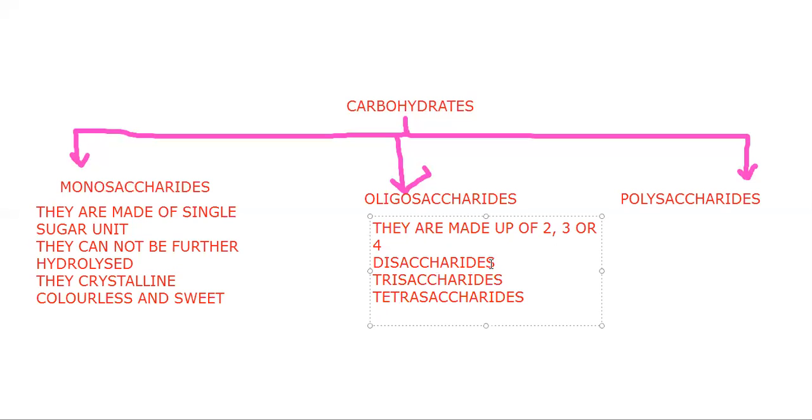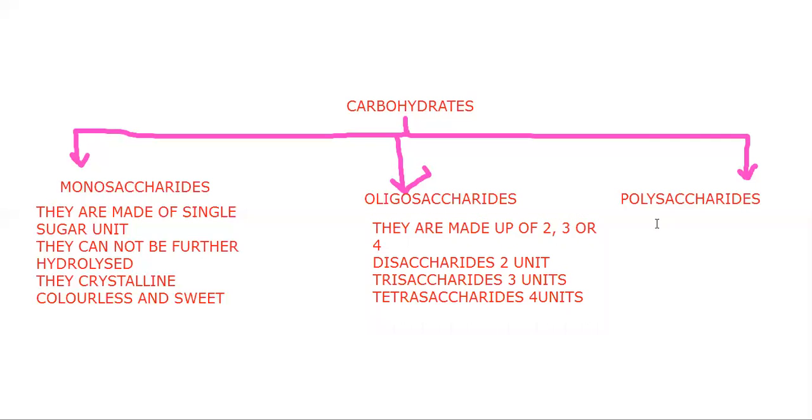Di means they are made up of 2 units, trisaccharides are made up of 3 units, and tetrasaccharides are made up of 4 units. As I already told you, disaccharides are very important for our body, and we'll discuss disaccharides, tri and tetrasaccharides later on. Tri and tetrasaccharides are transport sugars in the plants, and disaccharides can be sucrose, lactose, and maltose, which is called malt sugar.